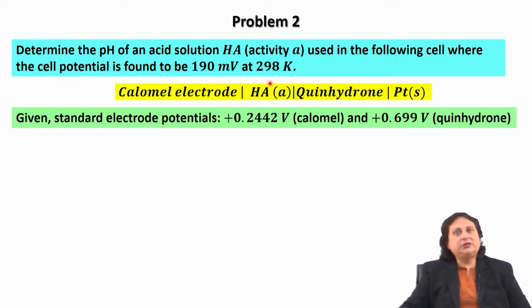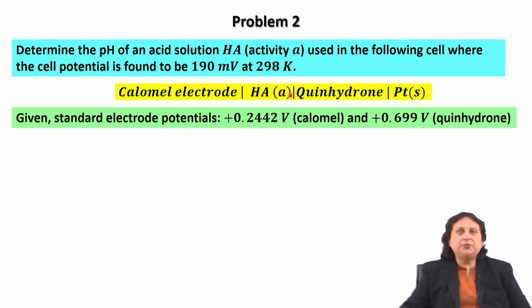And these two electrodes are dipped in an acid solution of activity a, and this acid solution has the formula HA. When you use this electrochemical cell, you can measure the cell potential at 298 Kelvin, and it has been found to be 190 millivolt.